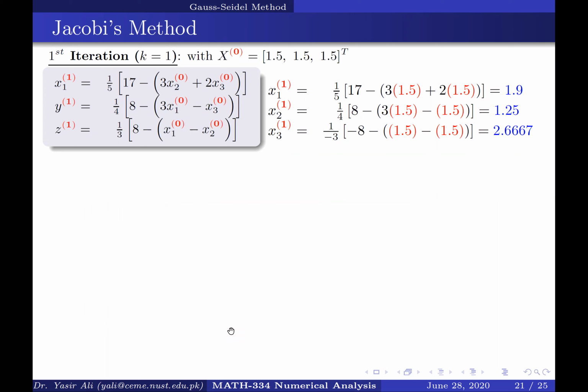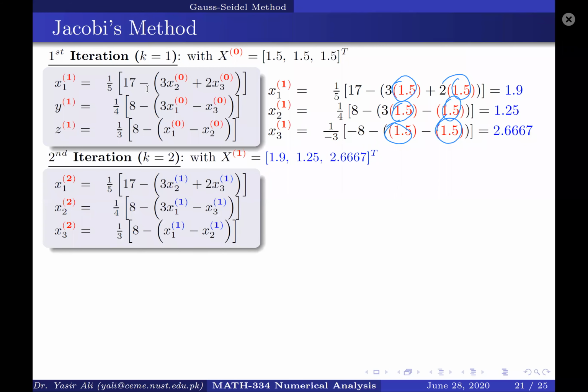As you know, in Jacobi method we use the previous value. So in all the cases I have used 1.5 everywhere to get this new iteration. In case of the second iteration, I will use these values.